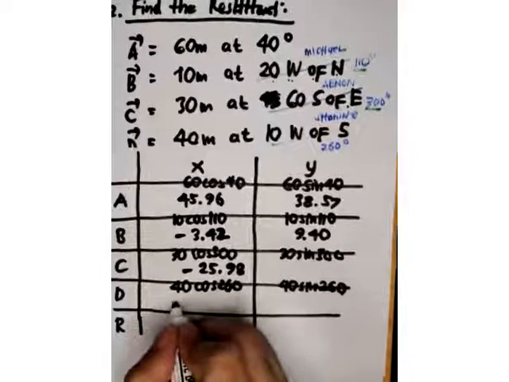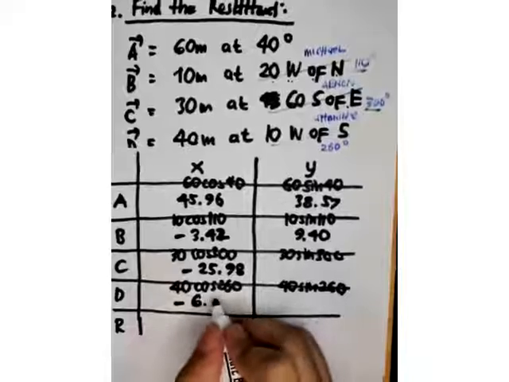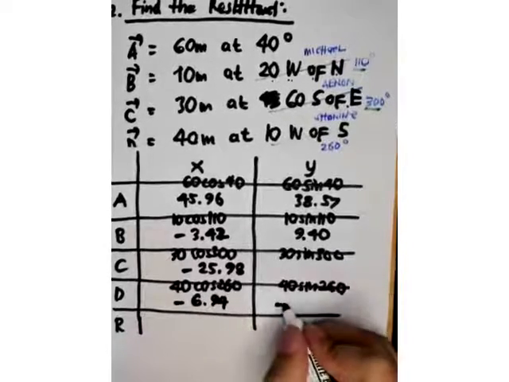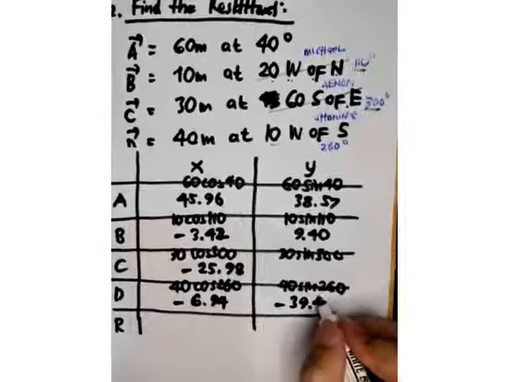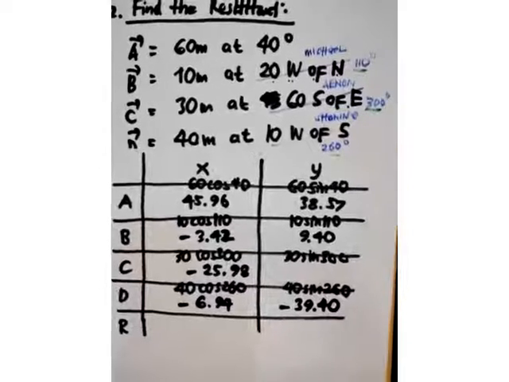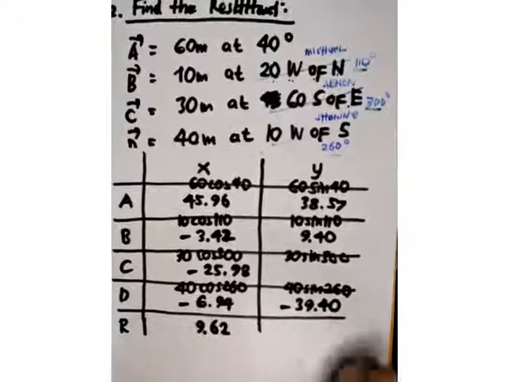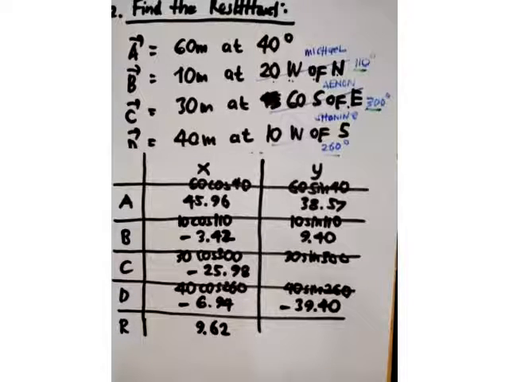Okay, kay Shanine is negative 6.94 and negative 39.40. Ayan. I'll start adding. So this is 9.62. Ba't pareho? Parang 25.9.